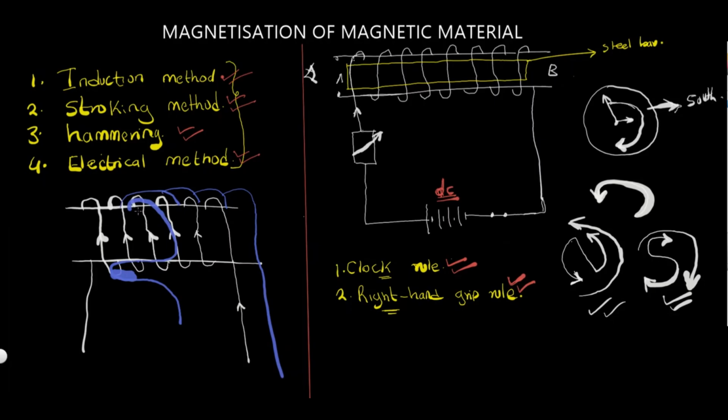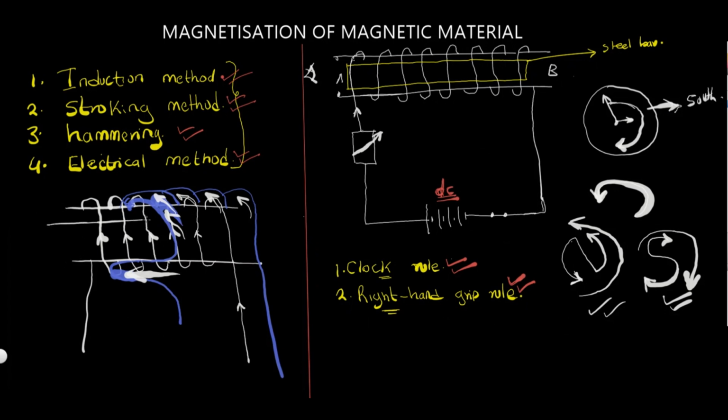So if you grab this solenoid like this, whereby these fingers are pointing to the direction of flow of current, remember, this current is flowing in the upper direction like this, so these fingers are pointing in the direction of flow of current. It means that the thumb will point to the north pole of the induced magnet.